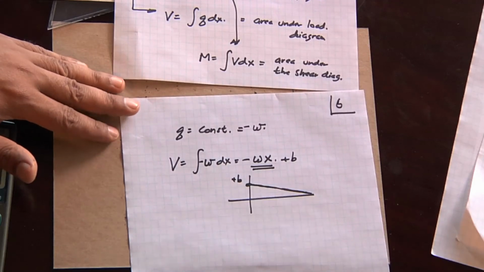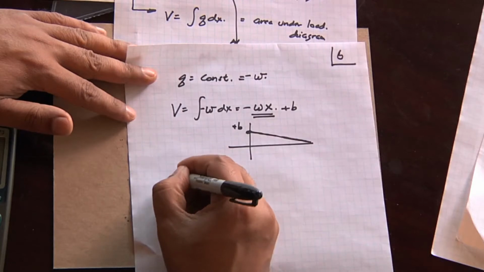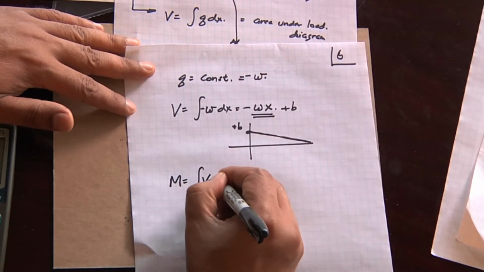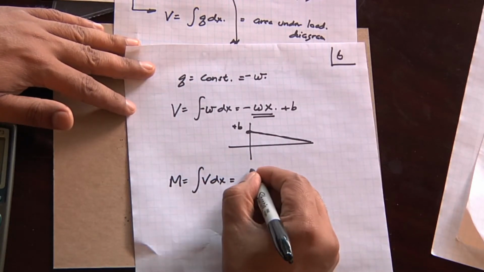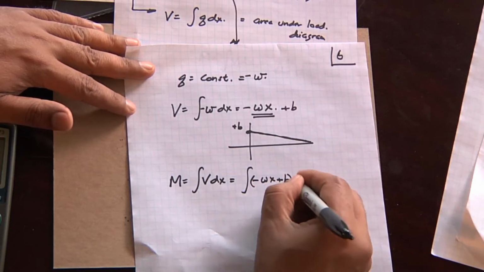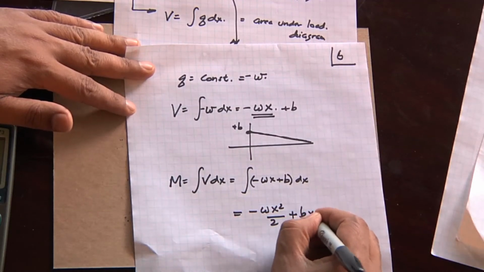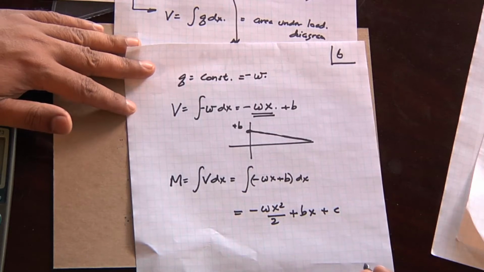If I integrate that one more time to get the moment diagram, then the moment diagram, which is the integral of the shear diagram, that's the integral of minus Wx plus b dx, becomes minus Wx squared over 2 plus bx plus another constant, we'll call it c.